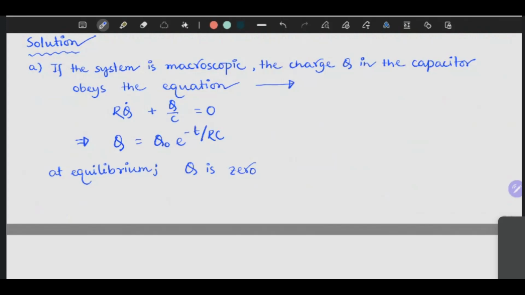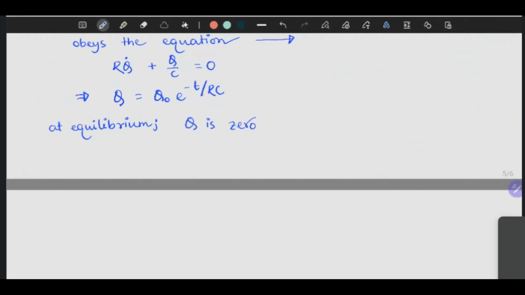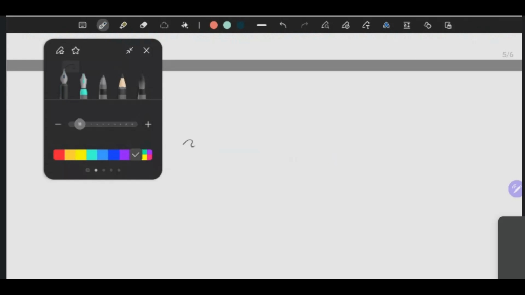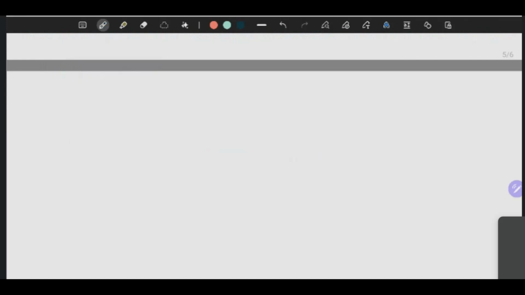Now in very small systems, Q fluctuates, right? In small systems Q has some fluctuating values.